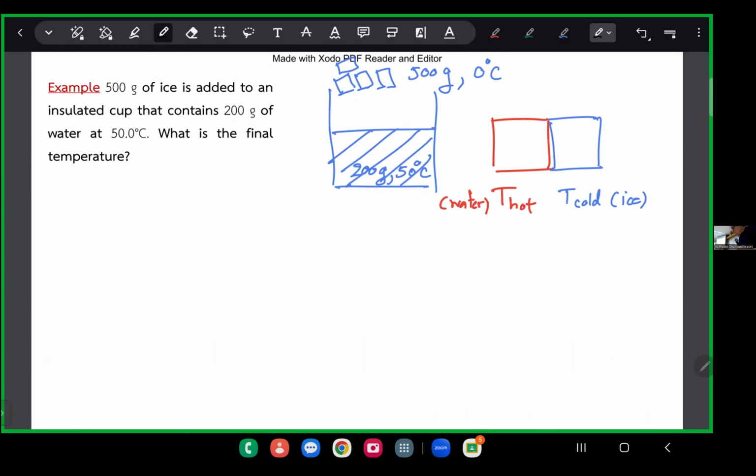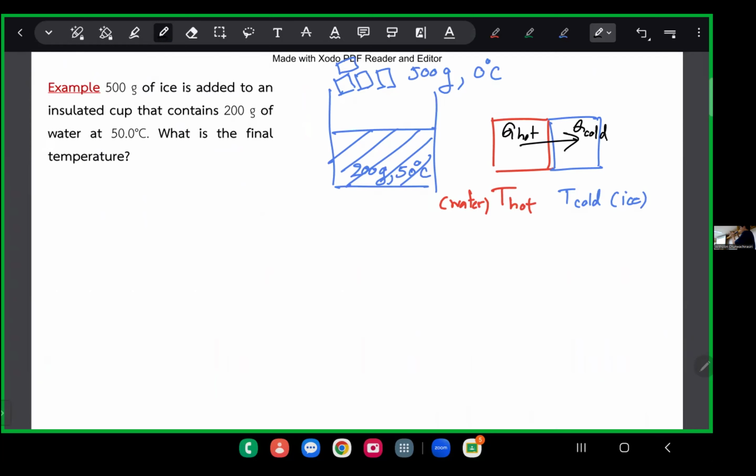So there must be heat that flows from water to ice. Ice receives some energy from the water. So that means there must be heat flowing out from the warm water and start melting the ice. So ice will start melting and warm up. That's a Q hot over here, and that's a Q cold coming in.